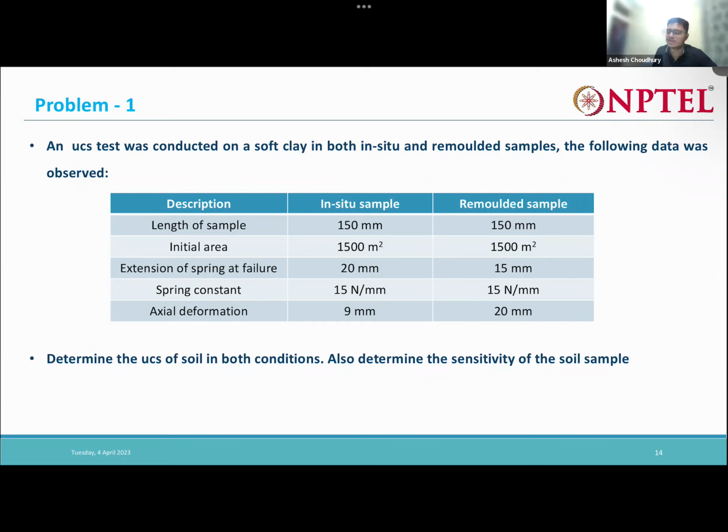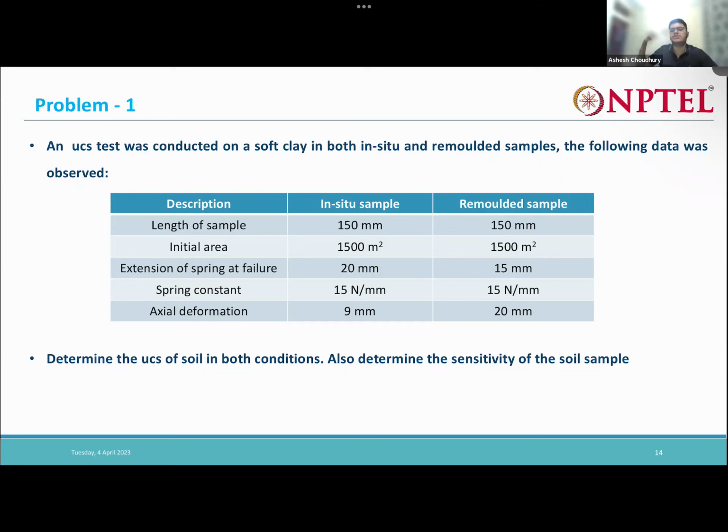An in situ sample is taken out of the ground using some apparatus, keeping in mind that the soil structure, or the arrangement of the soil, is not hampered in any way. That is called the in situ sample.